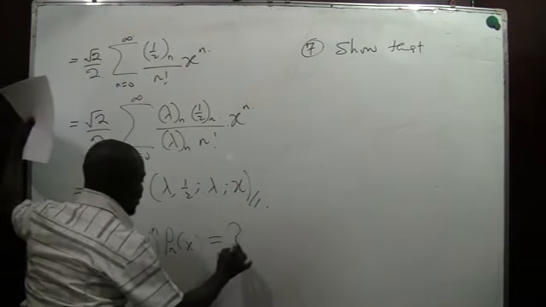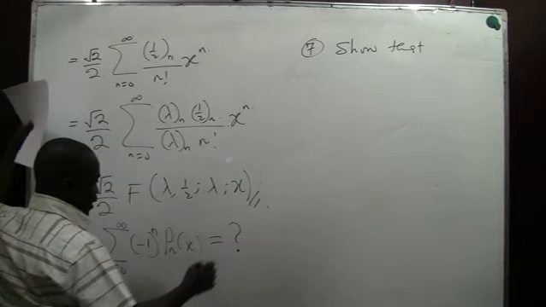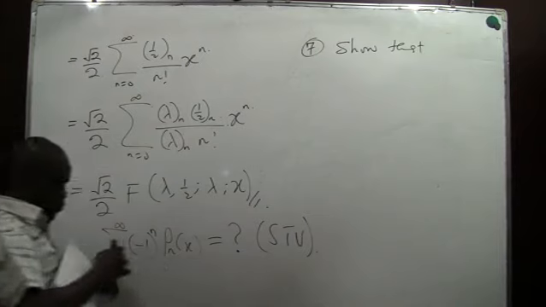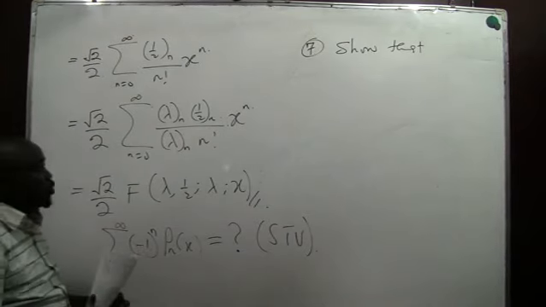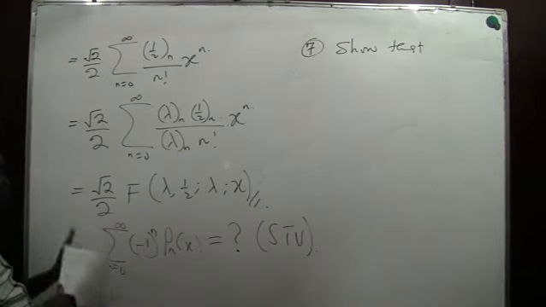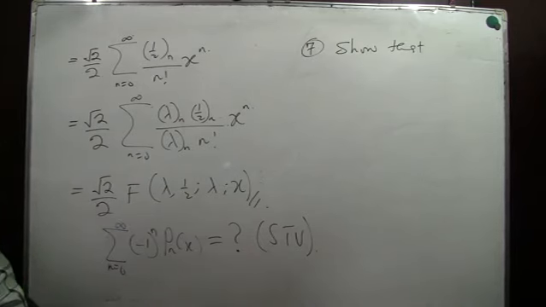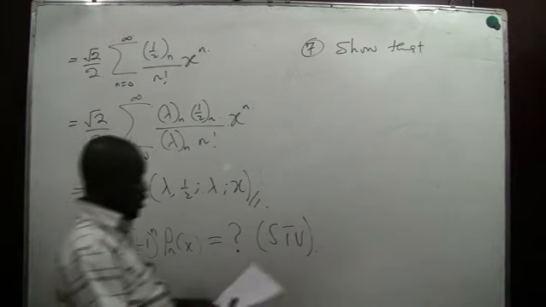What will be our answer? Please try this one out. What will be the results, following the same pattern in terms of the hypergeometric function? How would the result look? That's going to be an interesting result. So try that out.